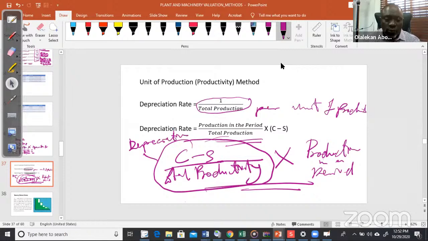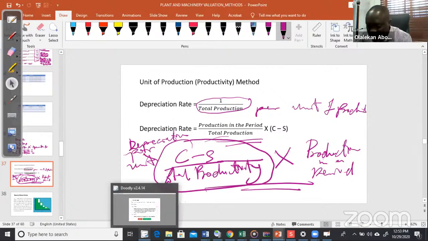Depreciation per unit. When you get depreciation per unit, the moment it produces 1 unit, you know the depreciation for it. So if it produces 1 million units, just use 1 million to multiply it. That is as simple as that for the productivity or unit of production method.